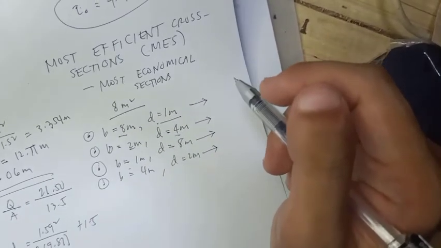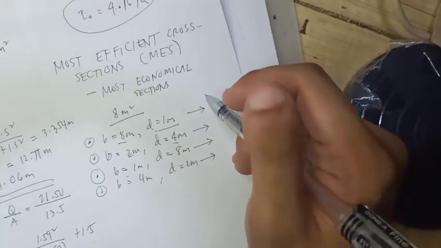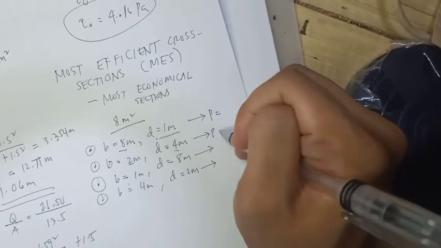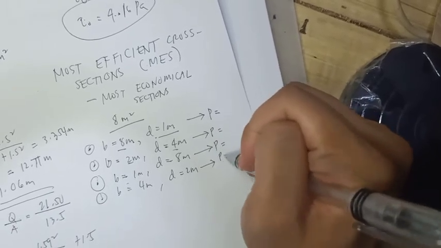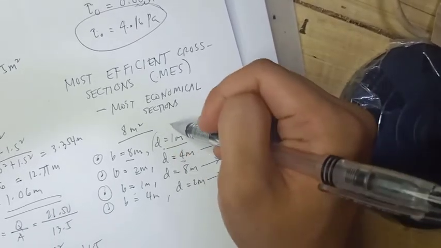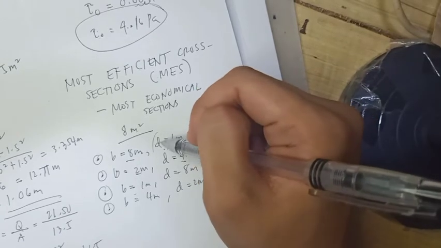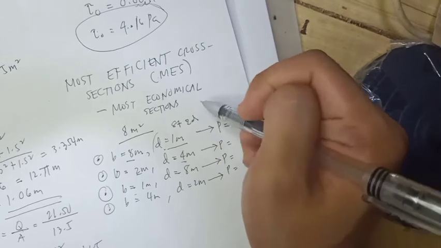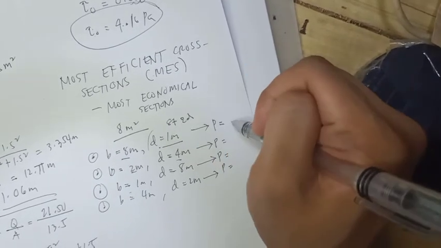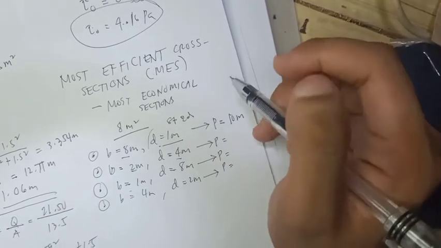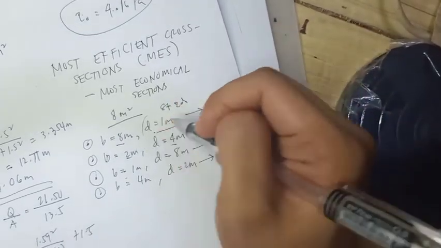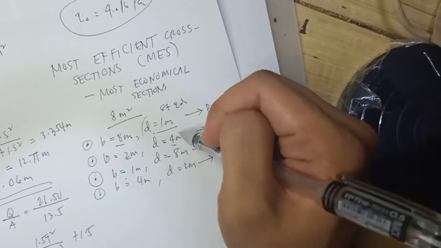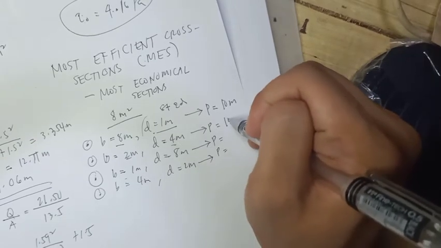What is the most economical dimension to use? Let's solve the perimeter, thinking that the depth counts twice. 8 plus 2 times 1 is 10. Next, 2 plus 2 times 4 is 10 again.